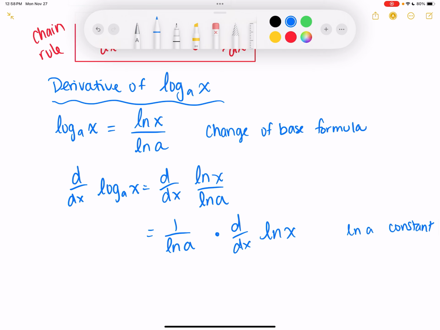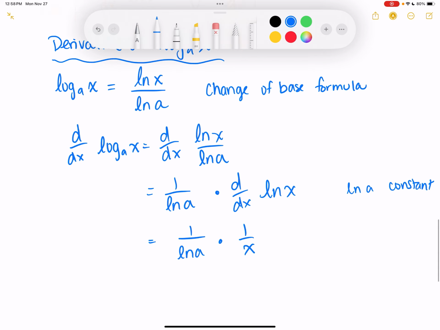And we already know the derivative of the ln of x was 1 over x. So this is equal to 1 over the ln of a times 1 over x.